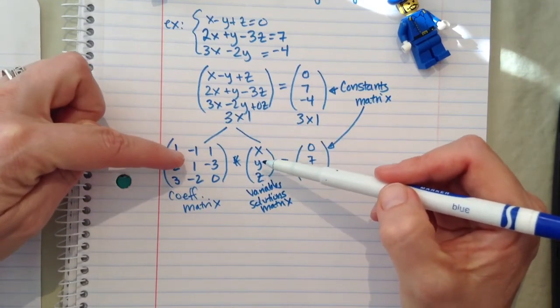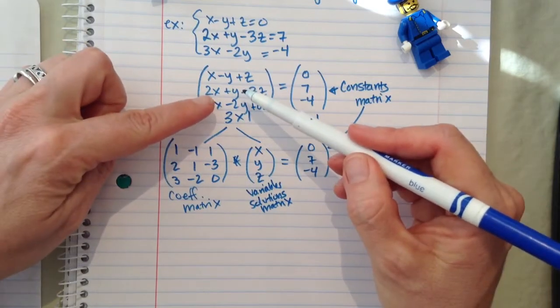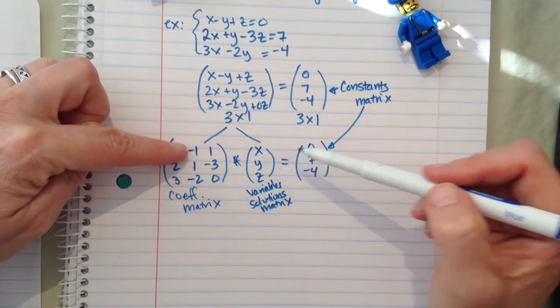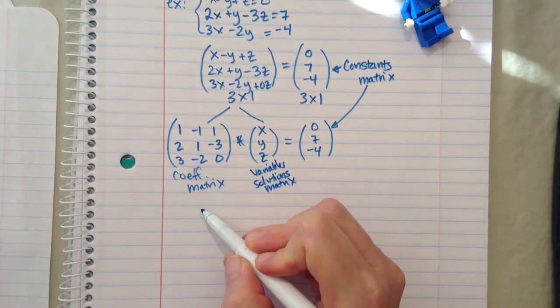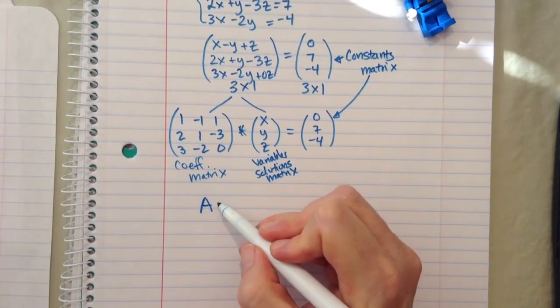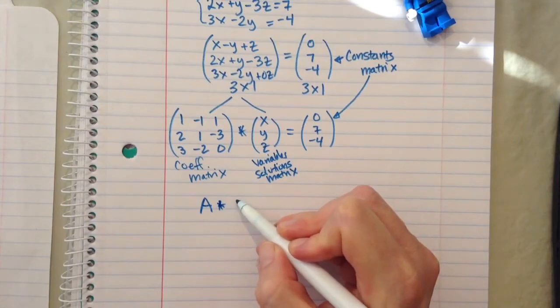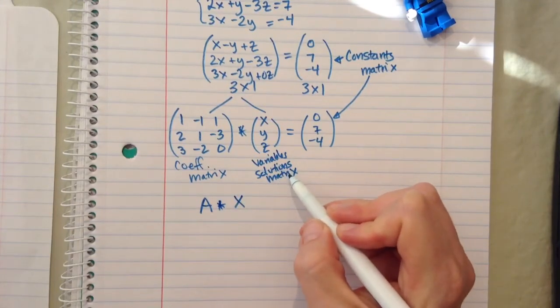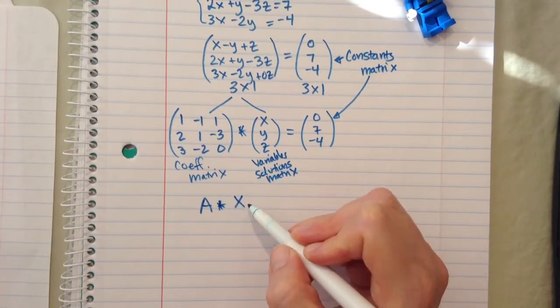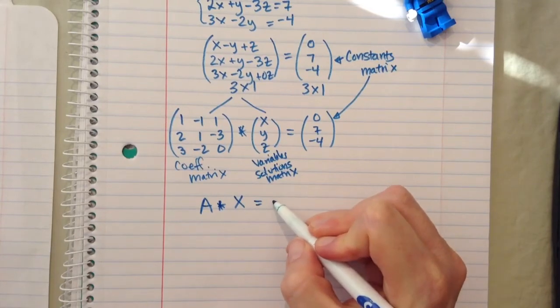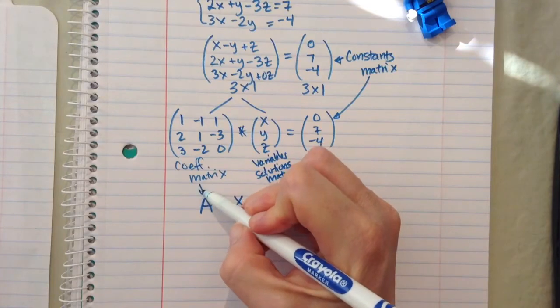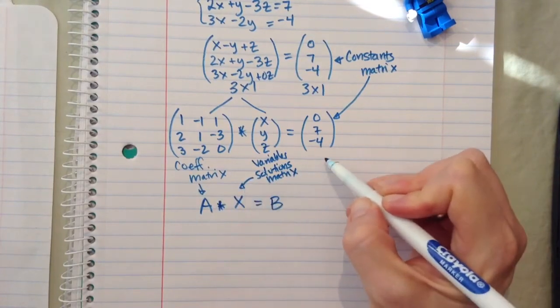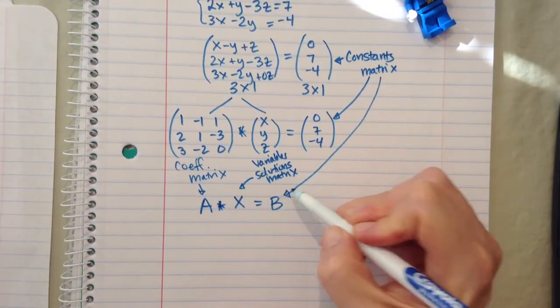So the product of these two matrices actually equals that matrix. So what we really have is the coefficient matrix, which we'll call A, times the variables solution matrix, which we'll call X, and that equals our constants matrix, which we'll call B. So that's the coefficient matrix, solutions matrix, and constants matrix.